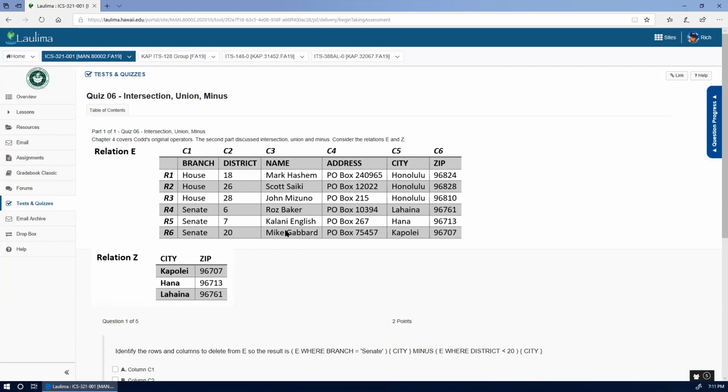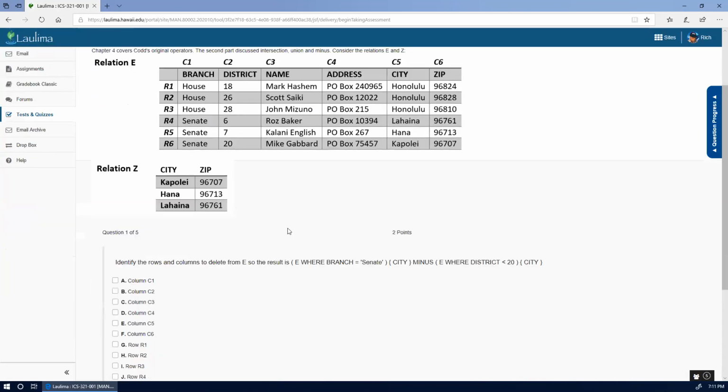And minus means you take the second one. If there are any tuples in the first one that are also in the second one, you get rid of those. Okay. So let's take a look at these.